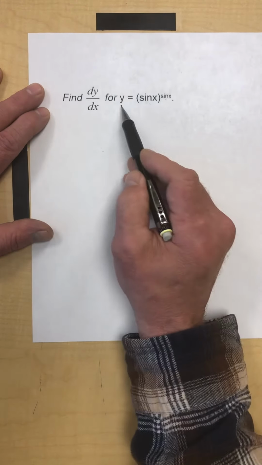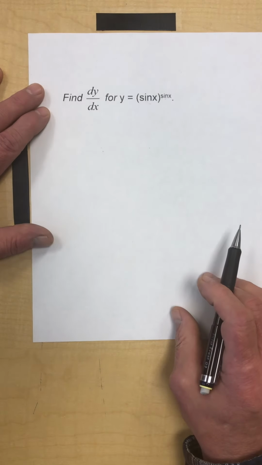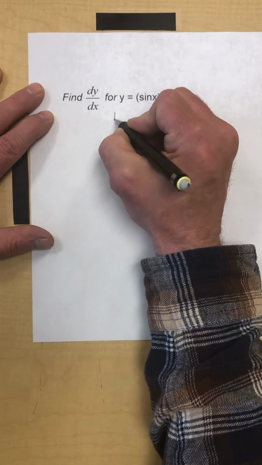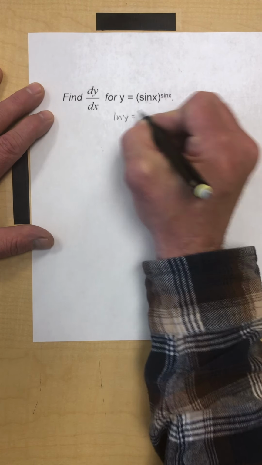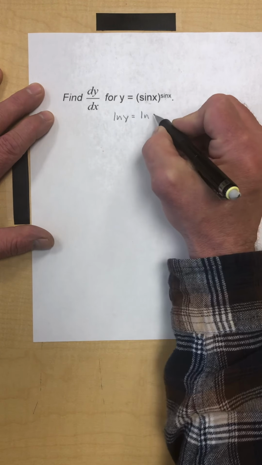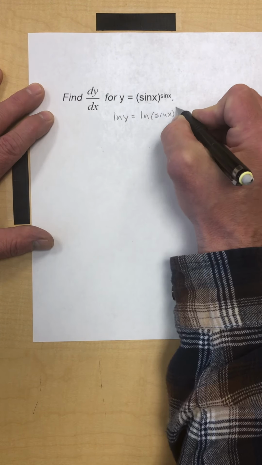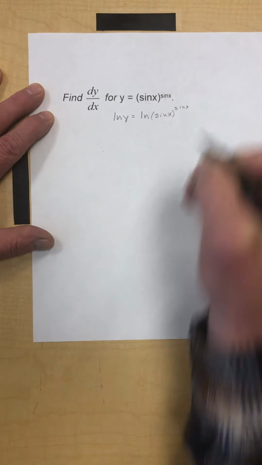So let's get this function in a form that I can use. So we take the natural log of both sides. So I get the natural log of y equals the natural log of sine of x to the sine of x power.